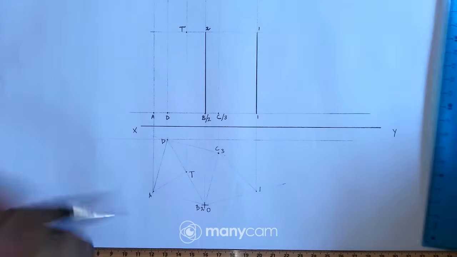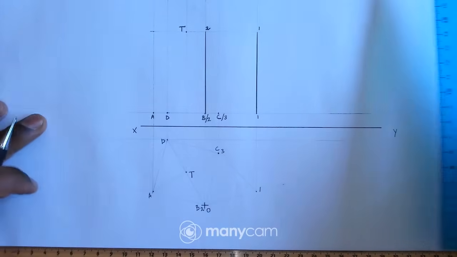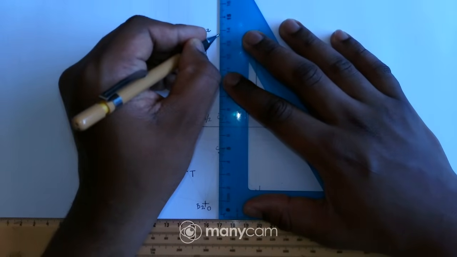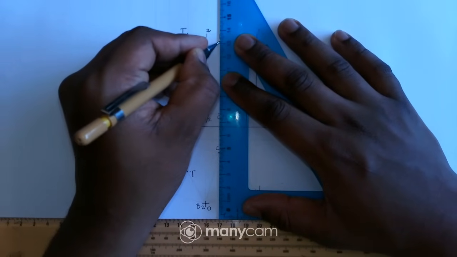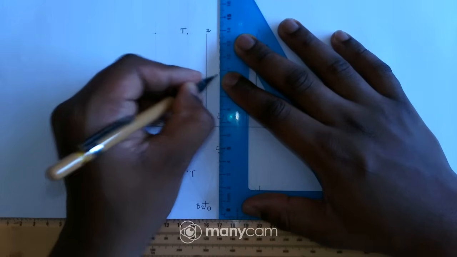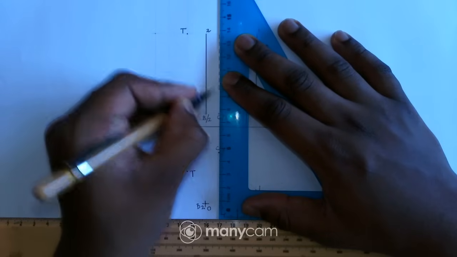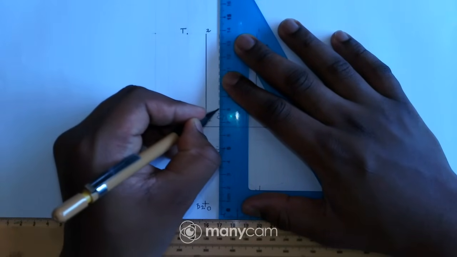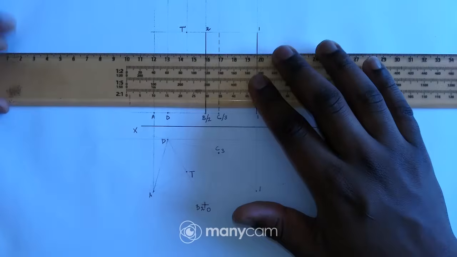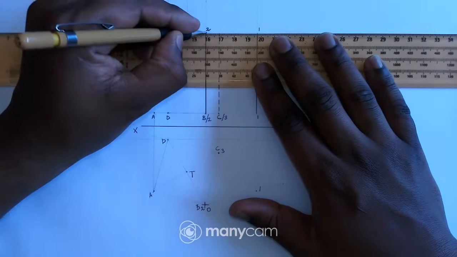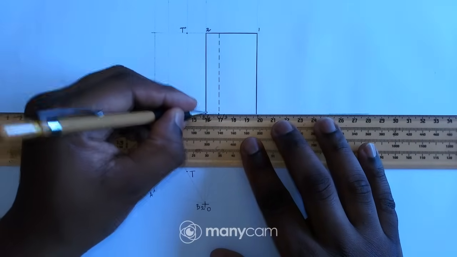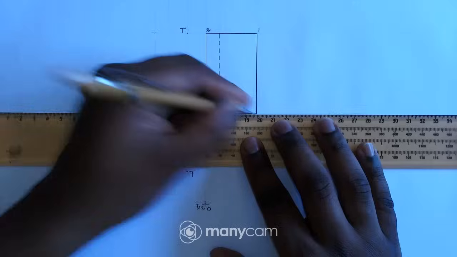And then line 3 3 is hidden, so I'll just add dash lines there to show that that part is hidden. Just like that. And then I'll just complete my prism there and the bottom base there, right?